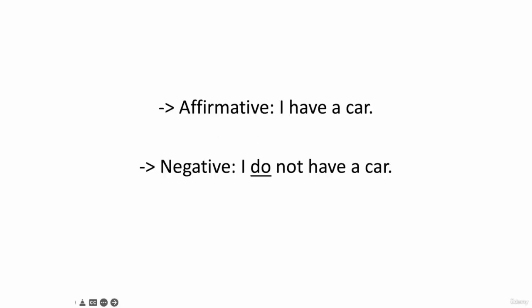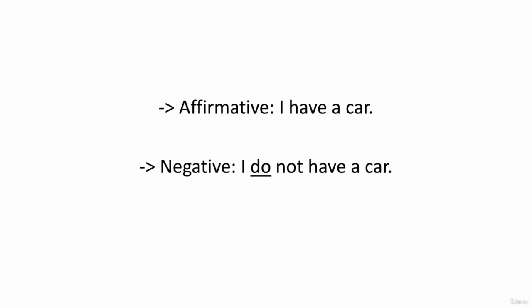The first sentence is an affirmative sentence, or also a positive sentence. I have a car. In the negative version of the sentence, I do not have a car. There are a few important things to note from these examples.